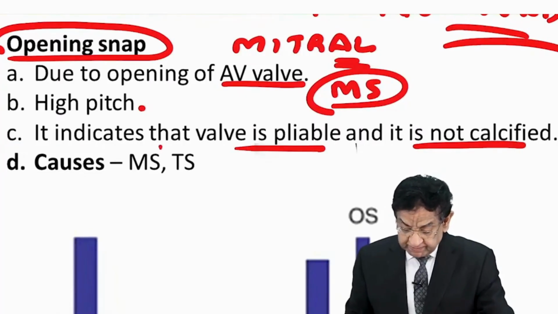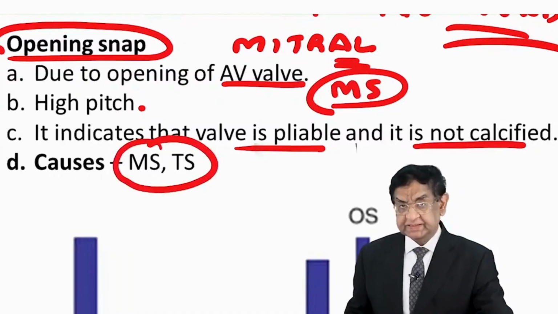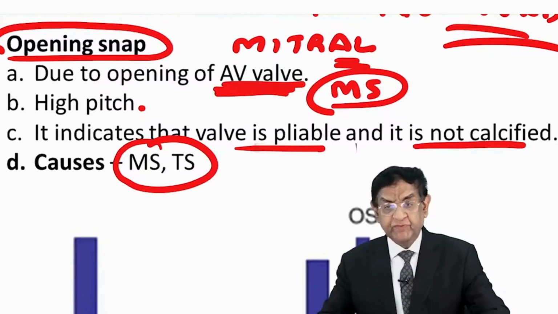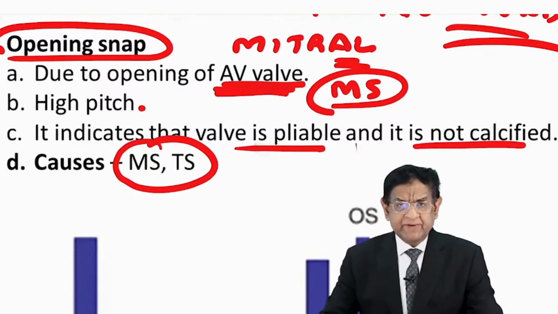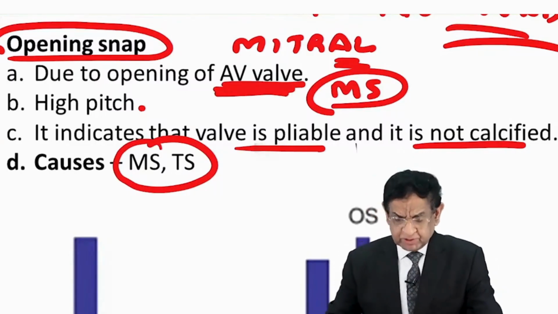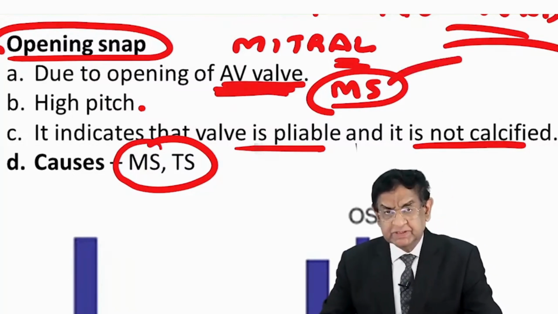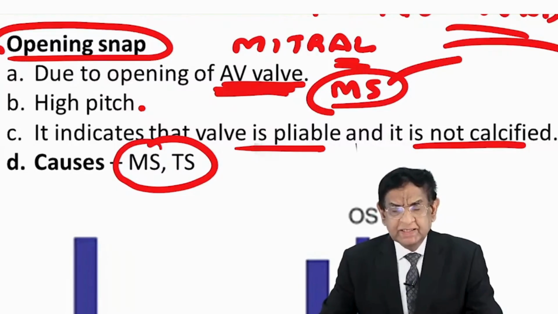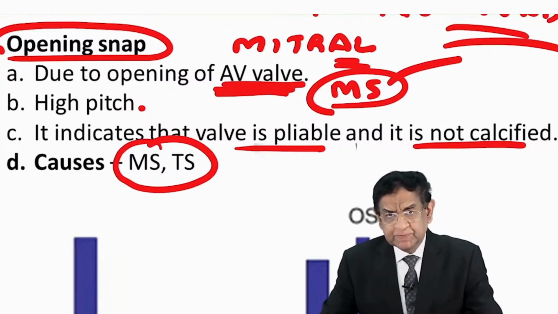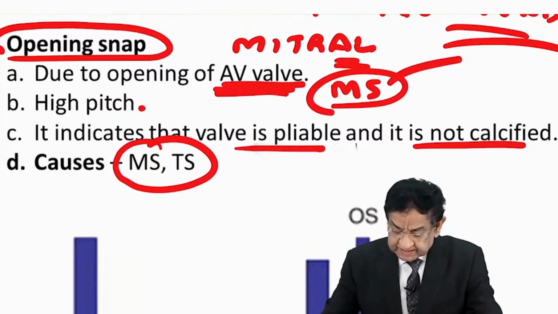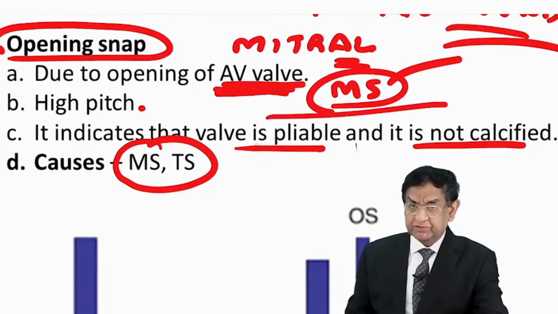This can be seen in both MS and TS. That's why I wrote the term AV valve. But in the exam, whenever they talk about opening snap, they will talk only about mitral stenosis. But at the back of your mind, you should know that this can be heard in tricuspid stenosis also. But since it's not asked in the exam, I'm giving more weightage to mitral stenosis.